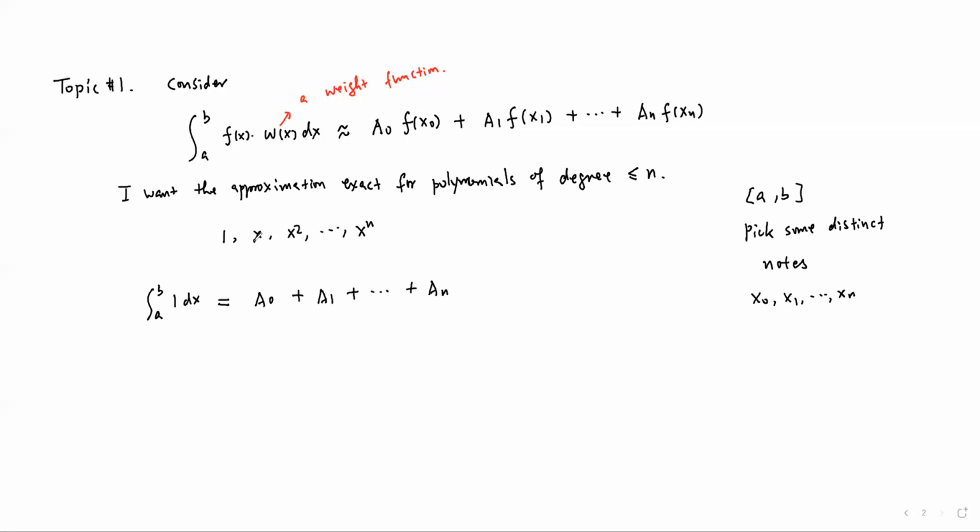Now plug in the second basis polynomial x: A0 times x0, where x0 is given, plus A1 x1, ..., An xn.